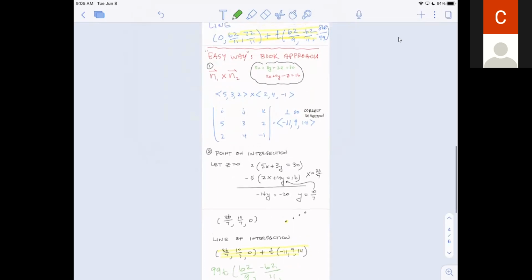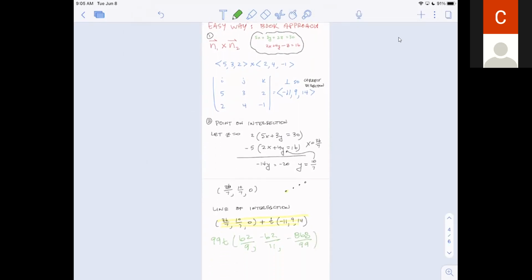Again, I'm after conceptual understanding here more than procedural understanding. Since t represents every number possible, which is what produces all the points, positive and negative, if I just say times 99, I haven't really changed anything. But then if I distribute that 99 in there, and you can see why I picked 99, 99 divided by 9 is 11. So I have 62 times 11, which is 682. So this becomes t times 682.